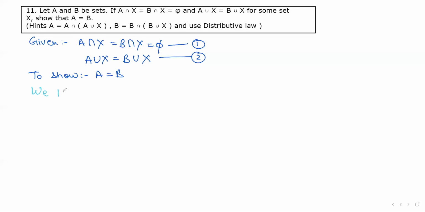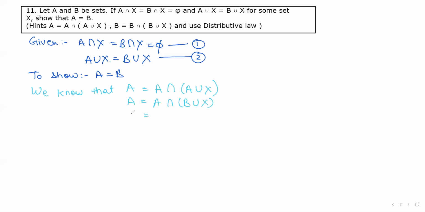So we know that A is equal to A intersection (A union X). Now A union X is given as B union X. So it can be written as A intersection (B union X).